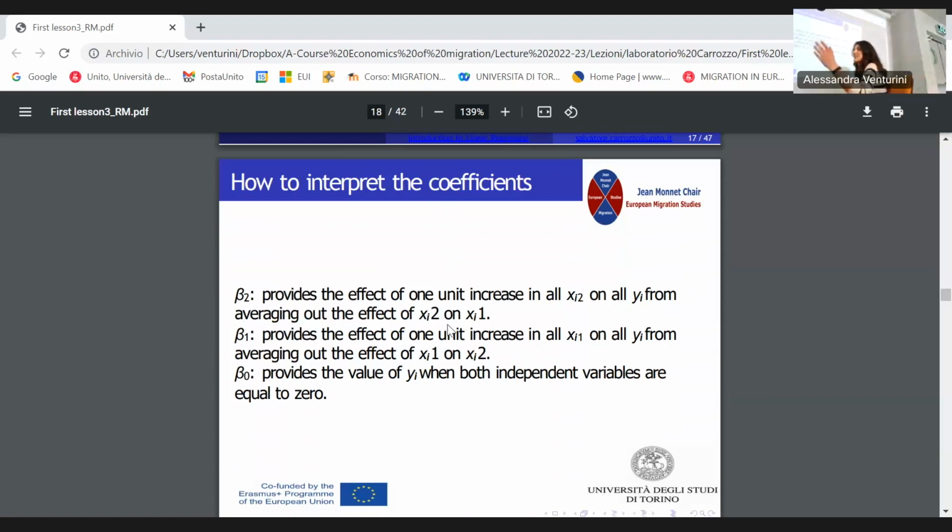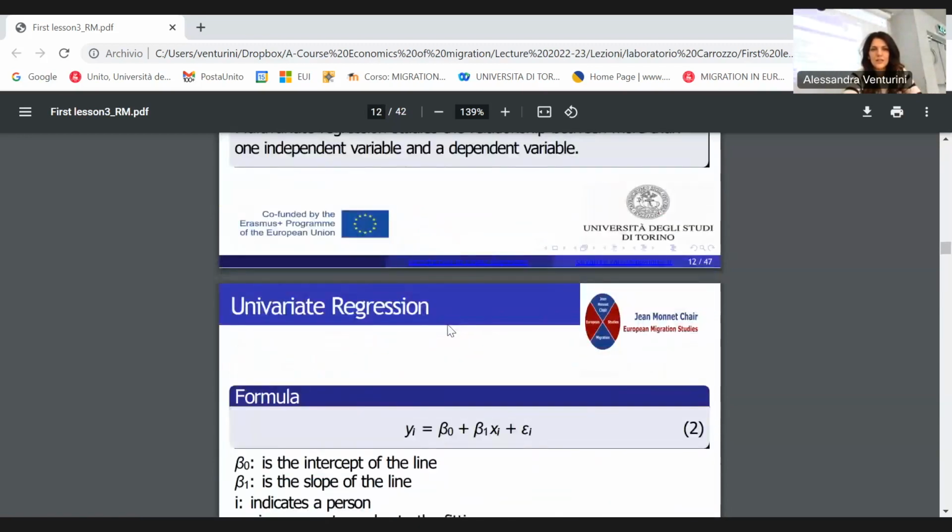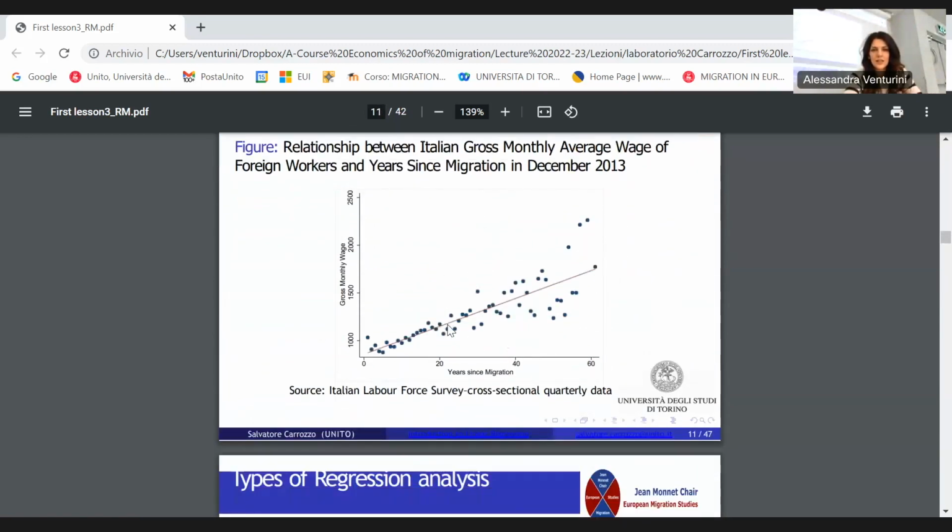It's not the intercept as in the graph, because you cannot do it graphically anymore. But if you remember, with just one variable the situation is very similar. This is beta 0, and this is beta 1.